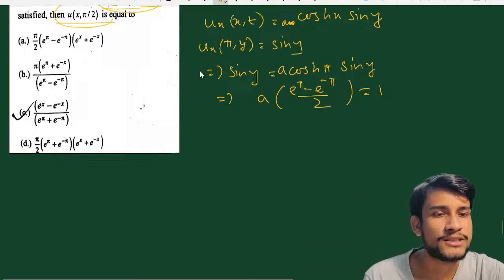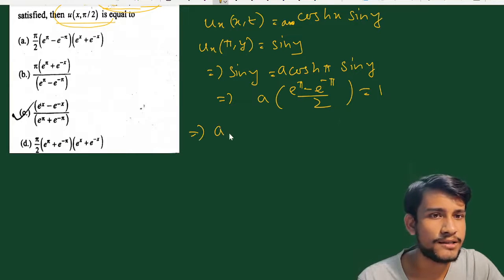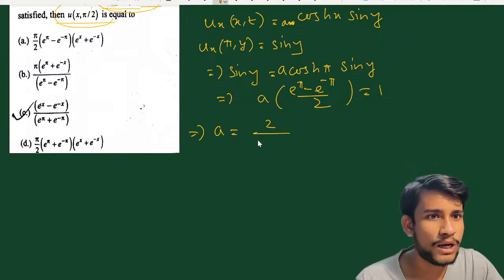Okay, so this means what? The value of a is constant 2 by e to the power pi plus e to the power minus pi.